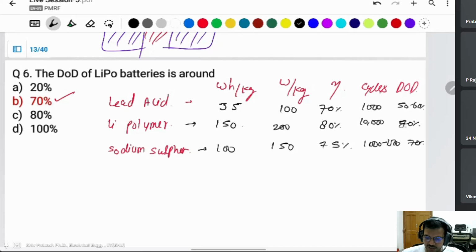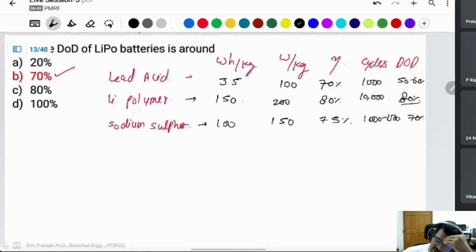DOD is 70 to 80%, very high. In space technology also lithium ion battery is used, because solar and battery are used in satellites. The lithium ion battery life cycle is 10 to 12 years.